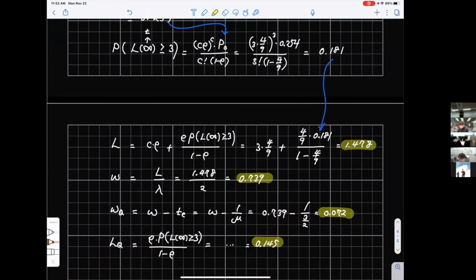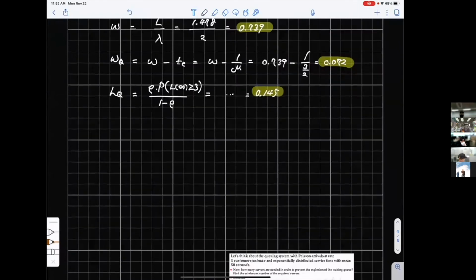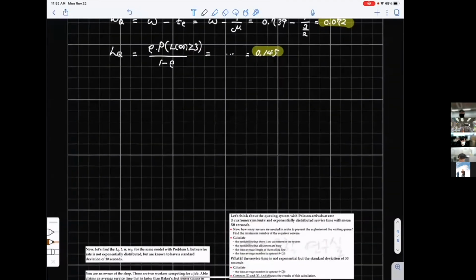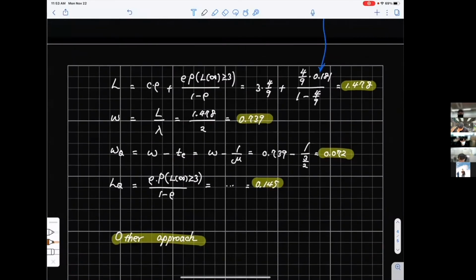Okay. This problem can also be solved with another approach, but I did not find why this calculation is a little bit different from this way.